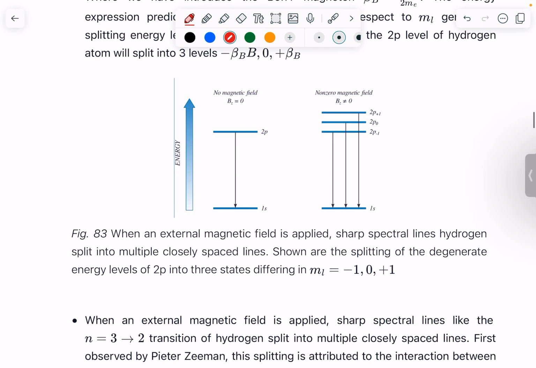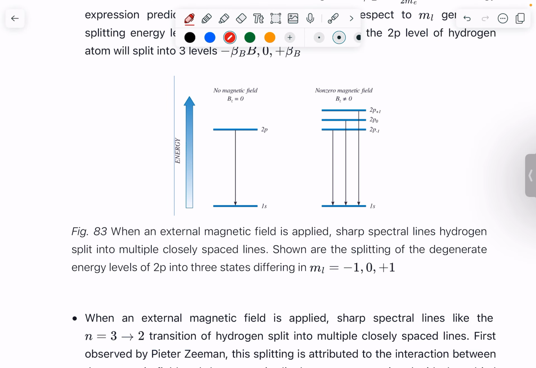And here is the nature of electronic transitions. If you have no magnetic field, it's pretty simple: you just have the 2p to 1s transition. But if you have a magnetic field, then you can have different kinds of transitions. You can go from 2p plus 1 to 1s, 2p0 to 1s, 2p minus 1 to 1s, and they're all going to correspond to different photon frequencies, h nu 0, h nu minus 1.